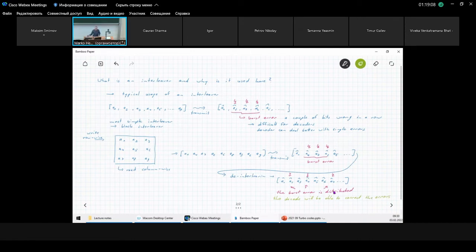So this is the typical application of an interleaver: to reorder the bits in order to split up this burst type of errors that occur in wireless communication.